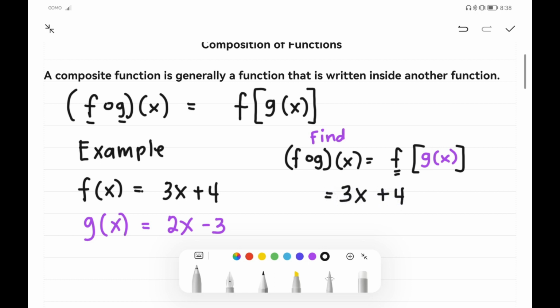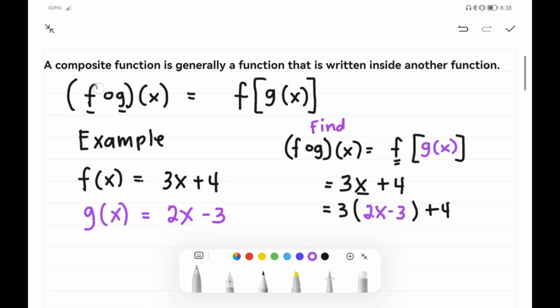So in this case, isa-substitute natin ngayon yung value ng ating g of x sa x ng ating 3x plus 4. Ang mangyayari niyan, bring down natin yung ating 3, then yung ating plus 4, then itong x, papalitan natin siya ng value ng ating g of x, which is 2x minus 3.